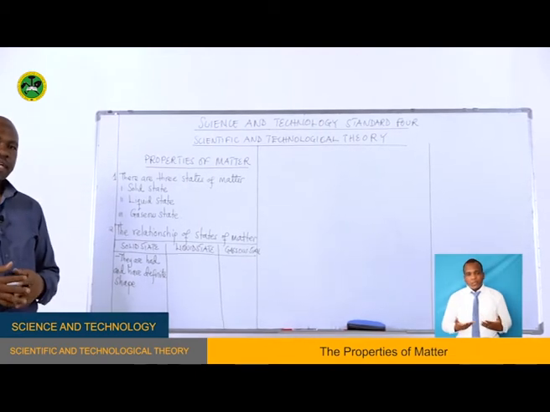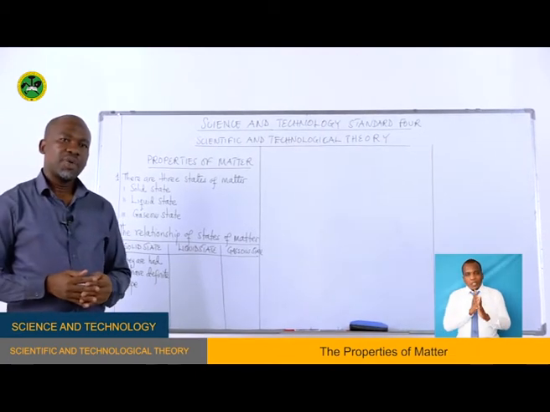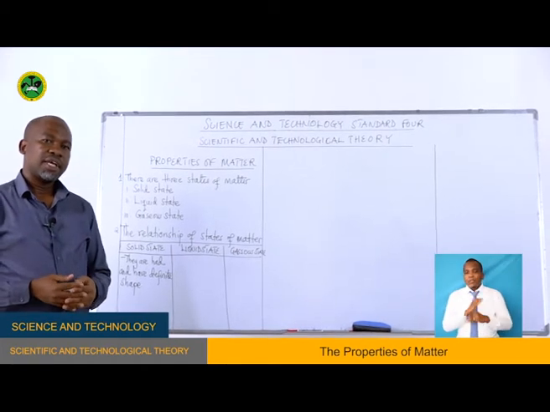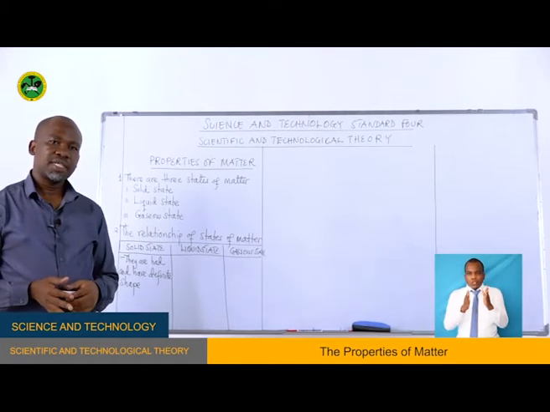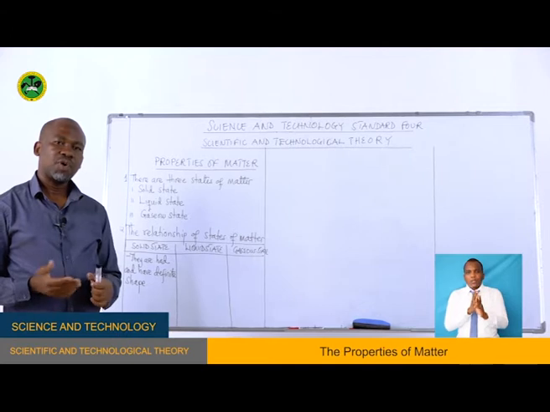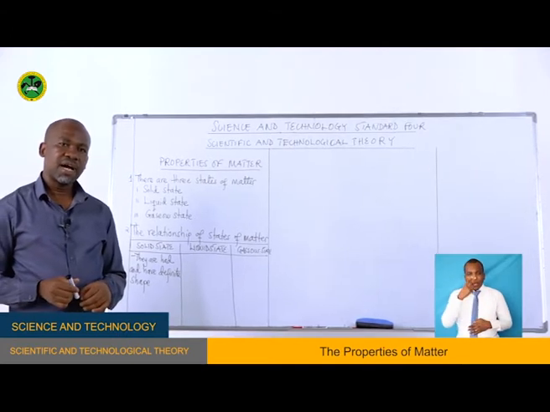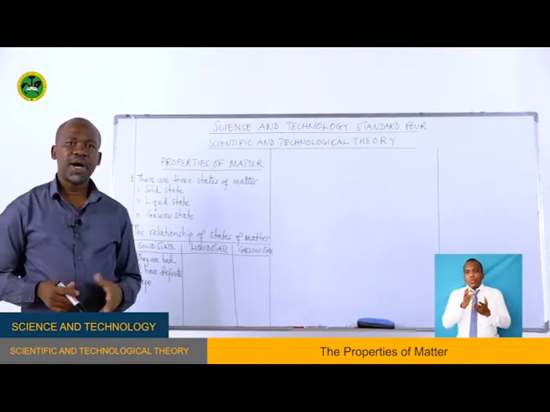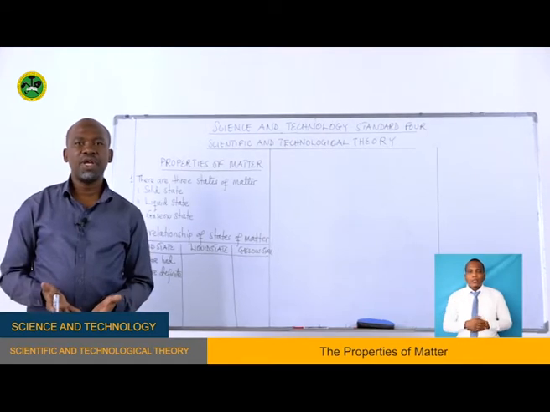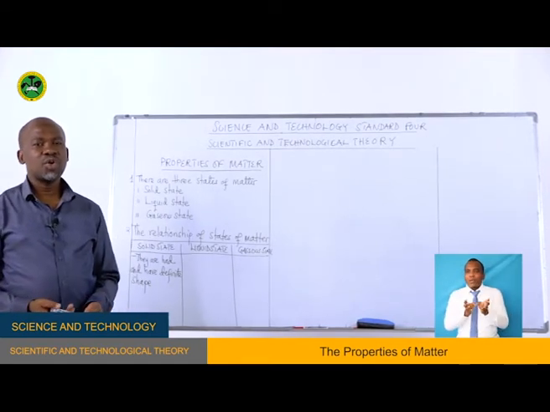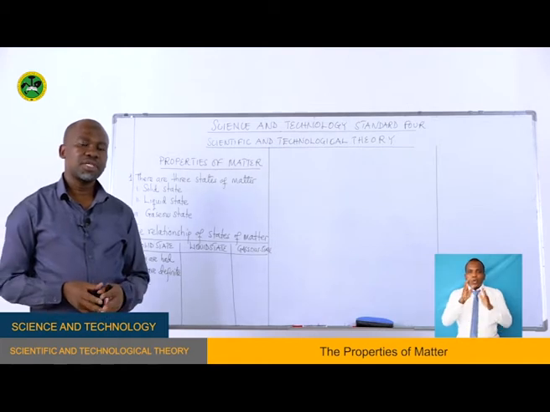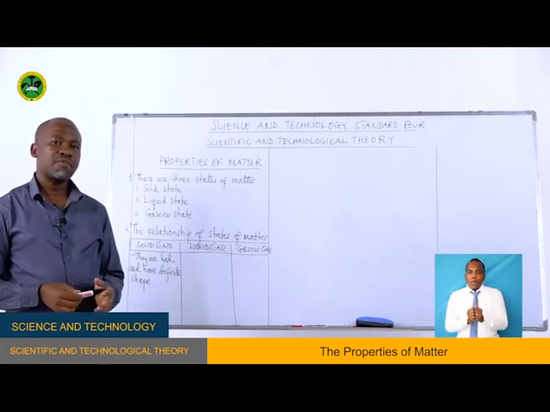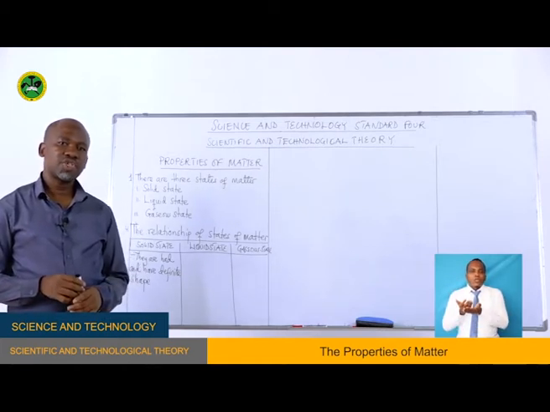Now, liquid state. The shape of the liquid state depends on the container. It doesn't have a definite shape but takes the shape of the container. Also, as for the softness or hardness of this state, it is soft.